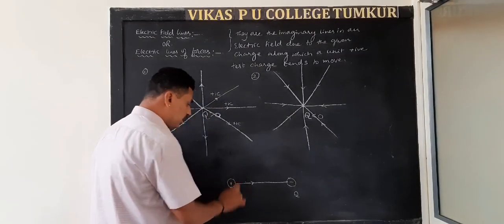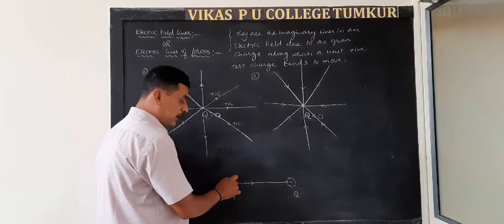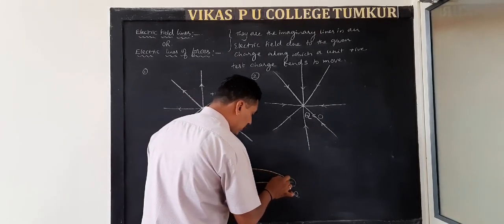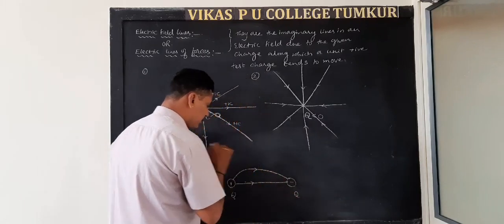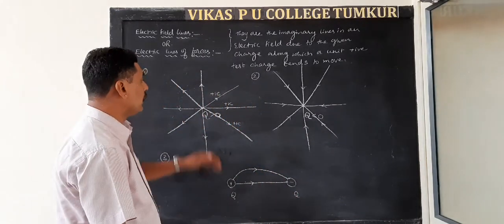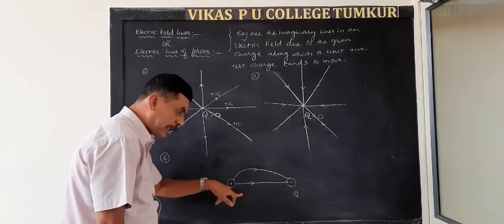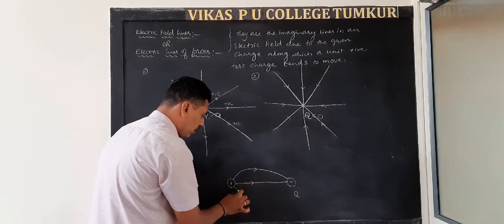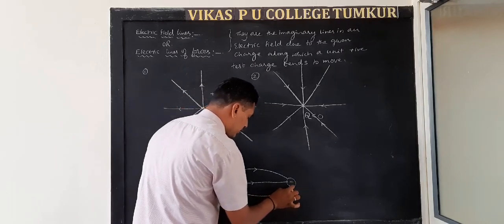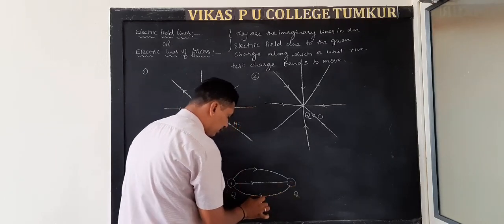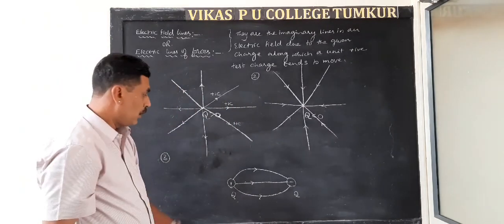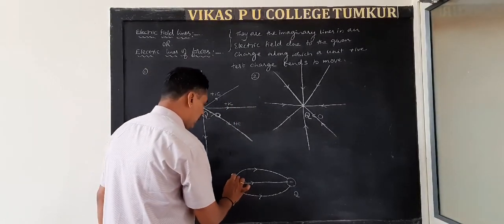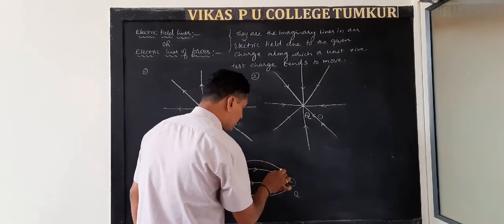Supposing if I place the charge here, this charge repels, this attracts, therefore this moves along the path like this. ಇದೇ ಟೆಸ್ಟ್ ಚಾರ್ಜ್ ನಾನು ಇಲ್ಲಿಟ್ರೆ again this charge repels, this attracts, therefore the field line will be like this. ಇನ್ನೊಂದು ಸ್ವಲ್ಪ ದೂರ ಇಟ್ರೆ now the field line will be more curved like this.